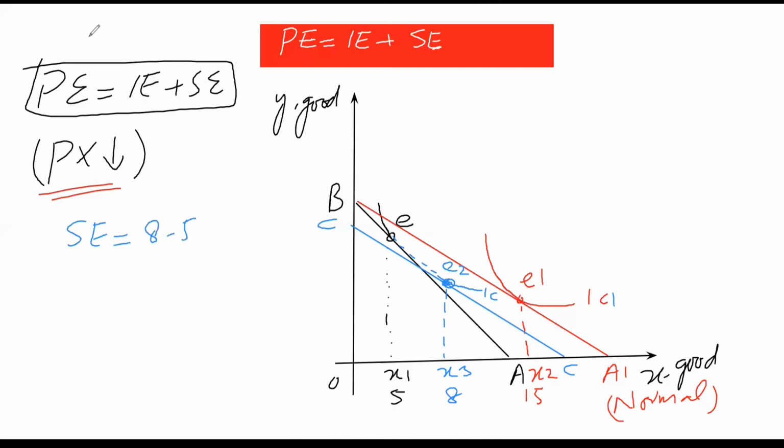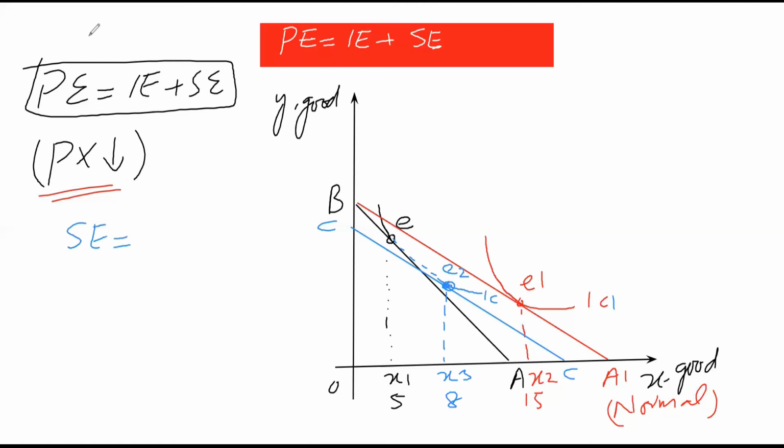And this is an imaginary budget line, it is not an actual line. If we just consider that his purchasing power was kept constant, then he could have purchased a maximum of 8 units, or X3 quantity of X good. So the substitution effect in this situation is at E and E2.